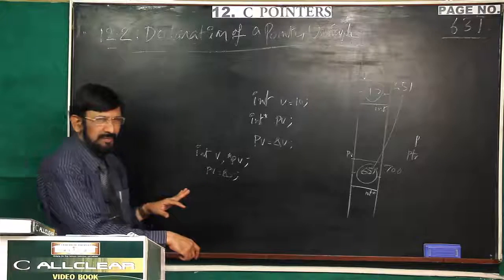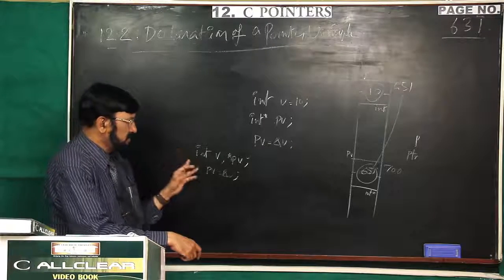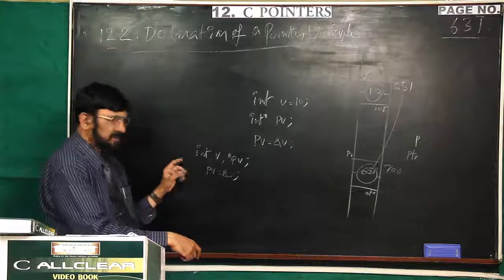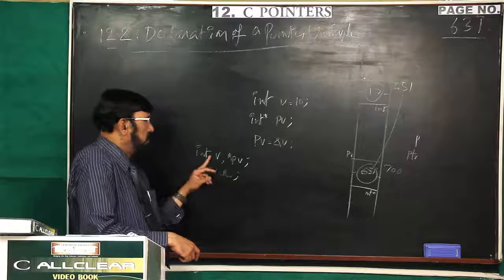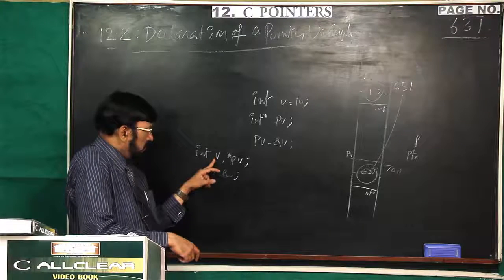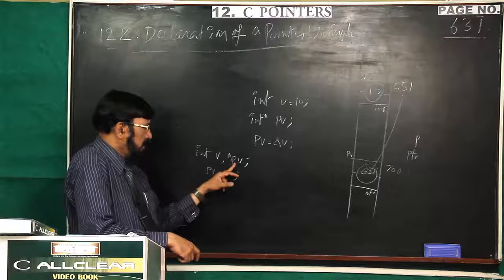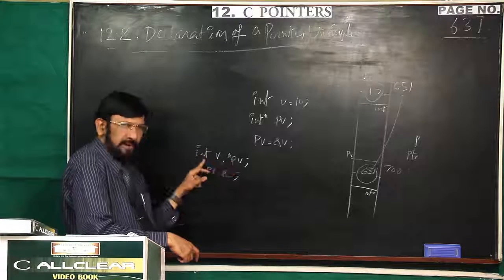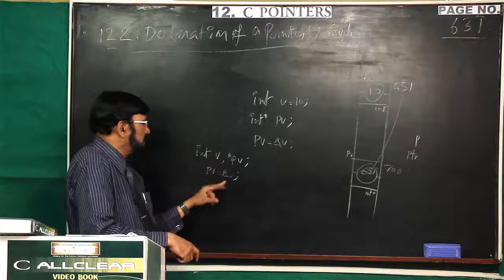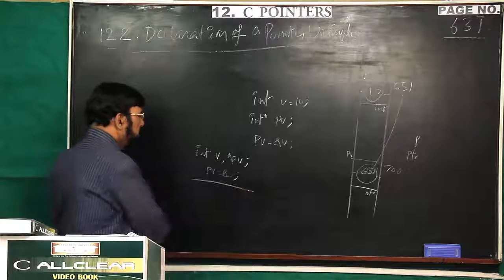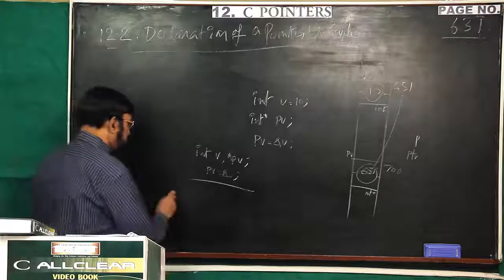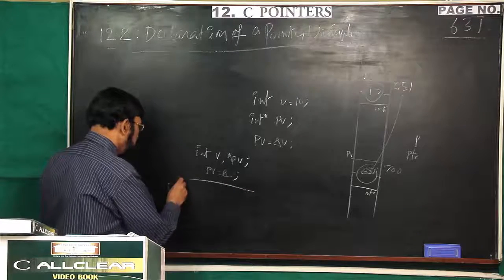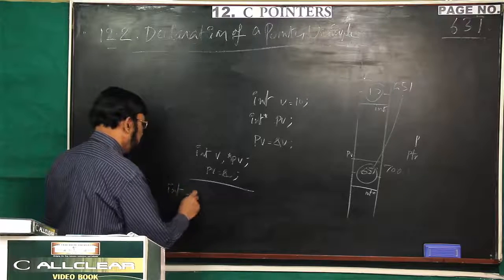This is one way, but I don't like it because conceptually there is a little confusion. Syntactically it is okay. So we are declaring the ordinary variable and the pointer variable in the same line, and next we are initializing the pointer variable. This is the second alternative.